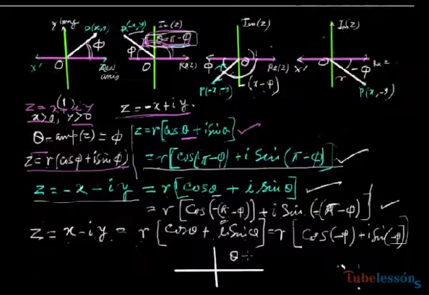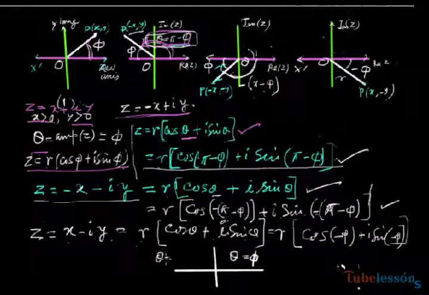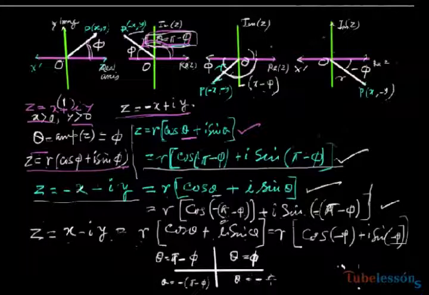So here theta is equal to phi, here amplitude theta is equal to pi minus phi, here amplitude theta is equal to minus of pi minus phi, and here amplitude theta is equal to minus phi. Okay. Now we'll give some illustrations.